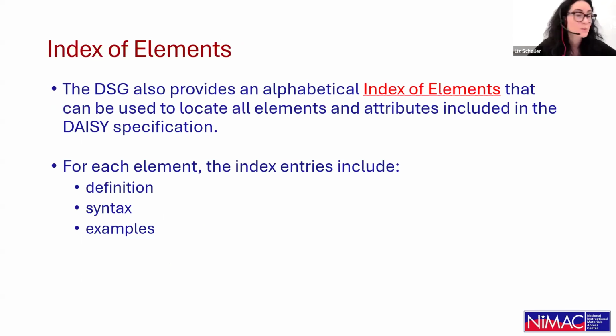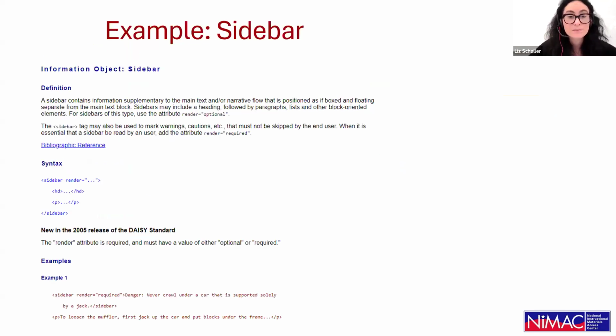That's something that we use practically every day in the NIMAC. It's incredibly helpful. And it can be used to locate all of the elements and attributes that are included in the DAISY specification. In the next couple slides, I'll show you some screenshots, but for each element, the index entry includes the definition of that element, the syntax that you should expect for that element, as well as some examples.